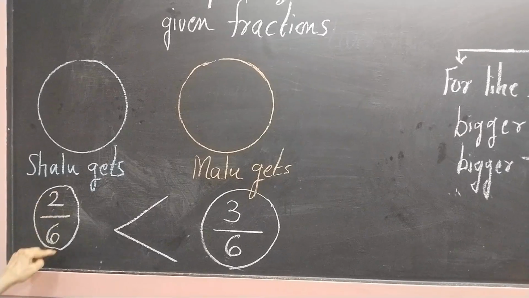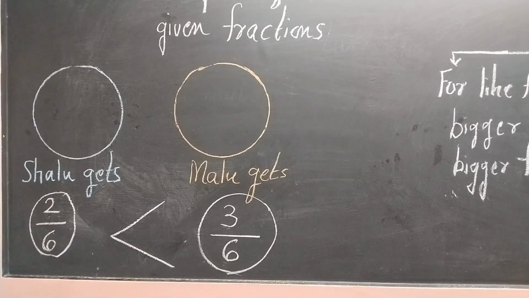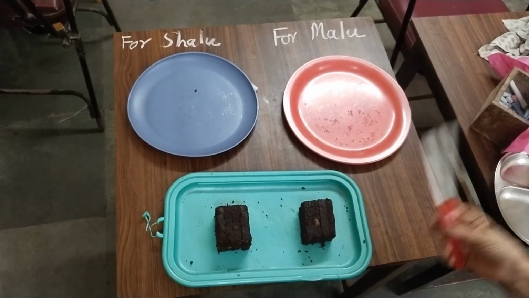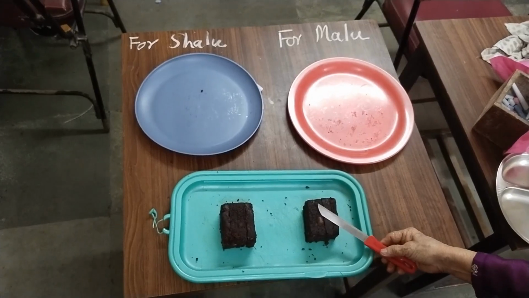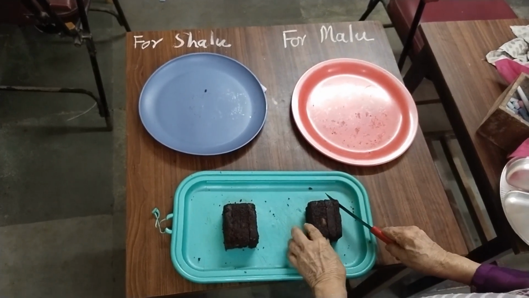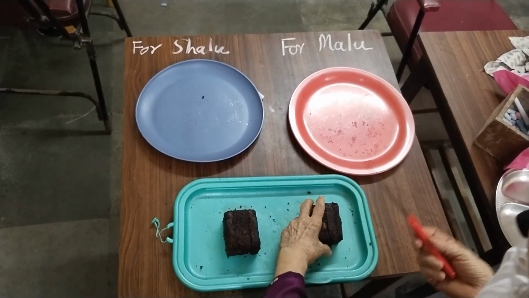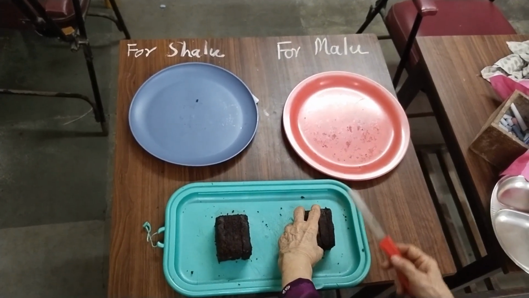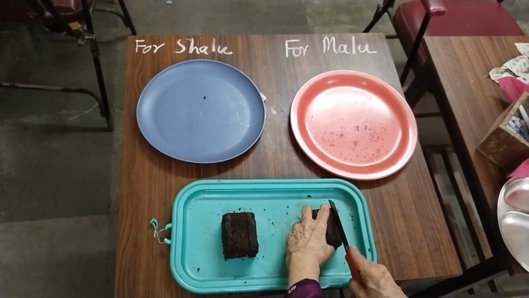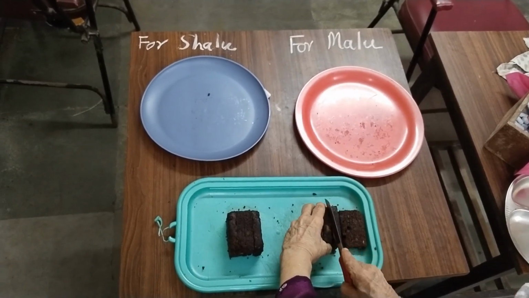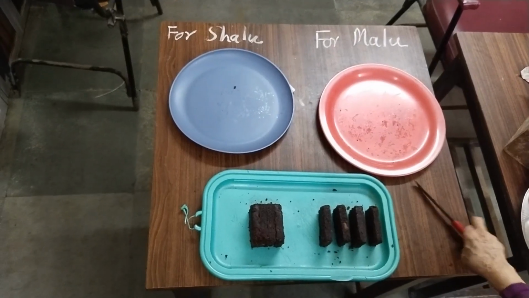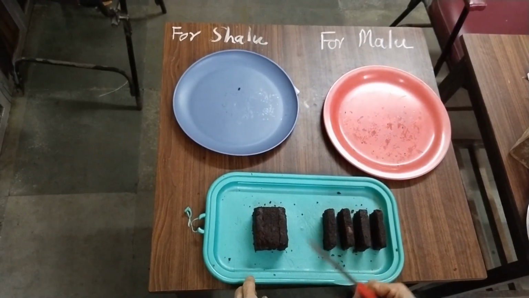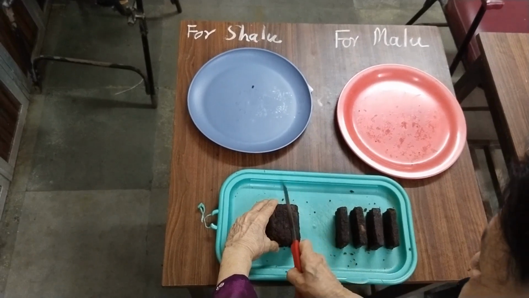Honey bunch, I have made 2 separate cakes for Malu and Shalu. Now this is the cake meant for Malu, and I am going to cut it in 4 equal parts. So here we go. And Shalu's cake I am going to cut into 2 equal parts.